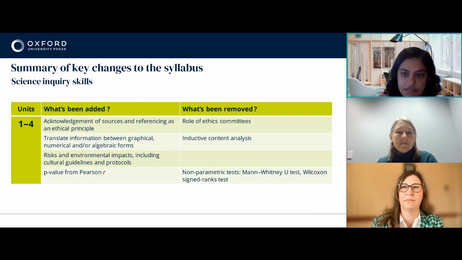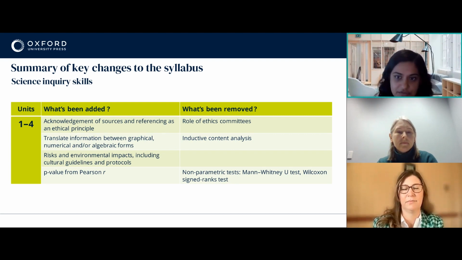So in terms of the key changes from the syllabus, the things that have been added are the acknowledgement of sources and referencing as an ethical principle, which I think is very important in psychological research and in terms of studying psychology.